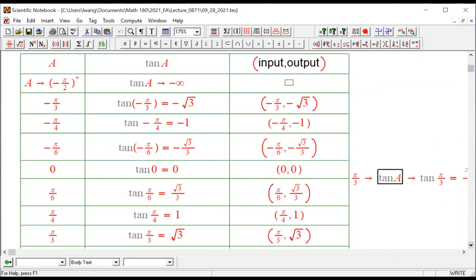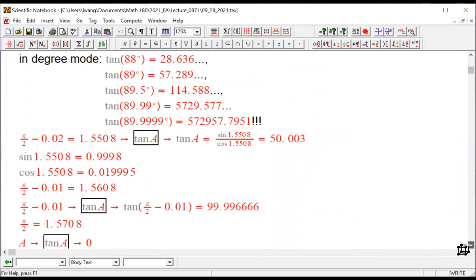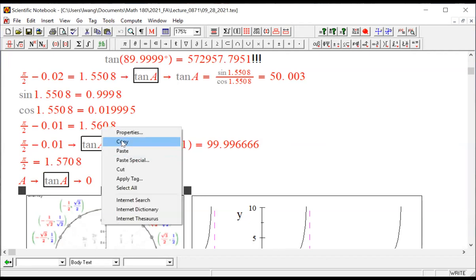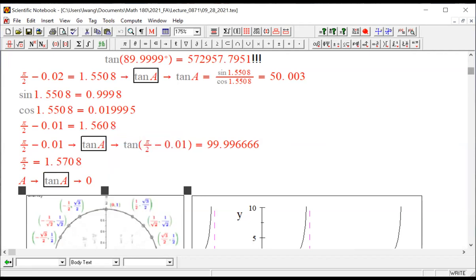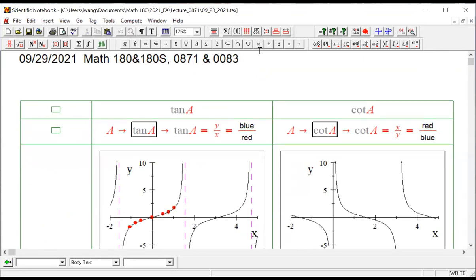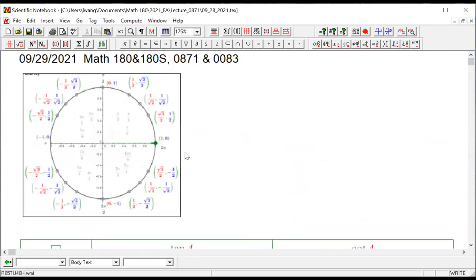For those of you who have never taken trigonometry, you might find this unit circle bewildering. So I might spend some time on that, and I will record it and make it available to you as I teach the other class.